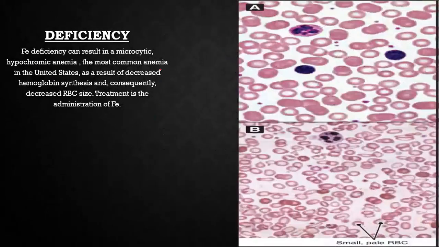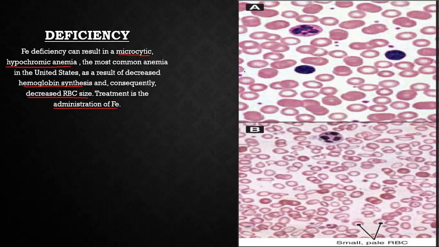Now, deficiency of iron. Iron deficiency usually results in microcytic hypochromic anemia. It is the most common form of anemia in the US, and it is a result of decreased hemoglobin synthesis, and consequently the red blood cell size will decrease. How is it treated? Administer iron.